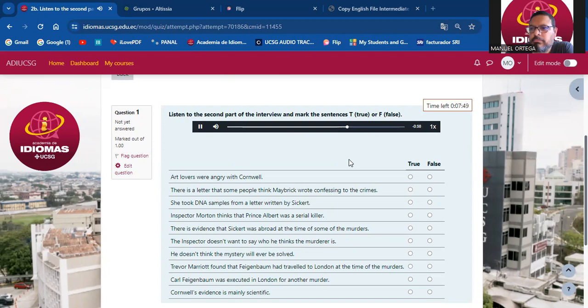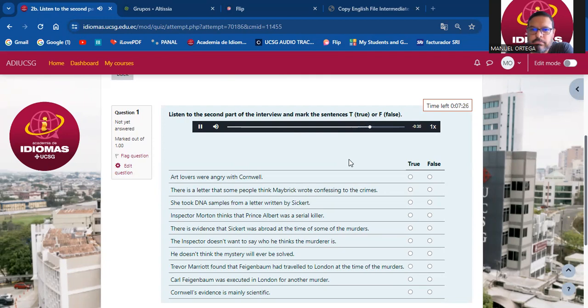Feigenbaum was executed in the electric chair in New York in 1894 for the brutal murder of a woman. And after his death, his lawyer said that he was convinced that his client was Jack the Ripper. Marriott has discovered that Feigenbaum was a member of the crew of a ship that was in London at the time of the murders, so it's perfectly possible that he could have been the Ripper.